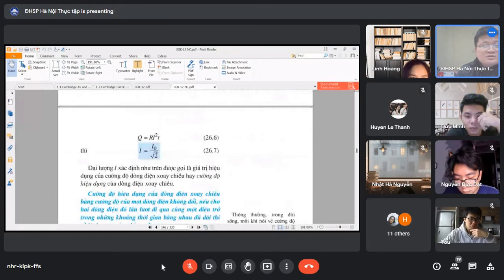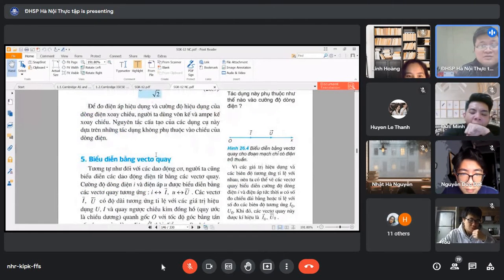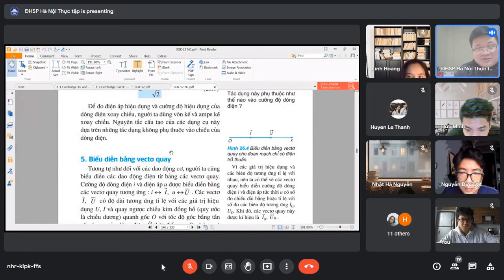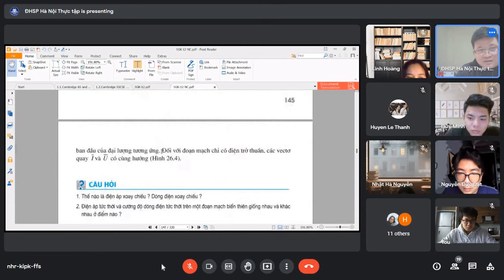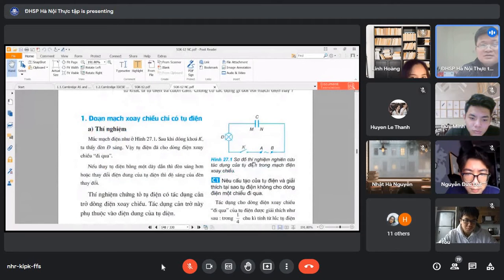Then students study a whole bunch of things related to alternating current. Yes, now I can pronounce alternating. Alternating currents, and the circuit, part of the circuit. When we have a certain circuit with alternating current, it's like this one.